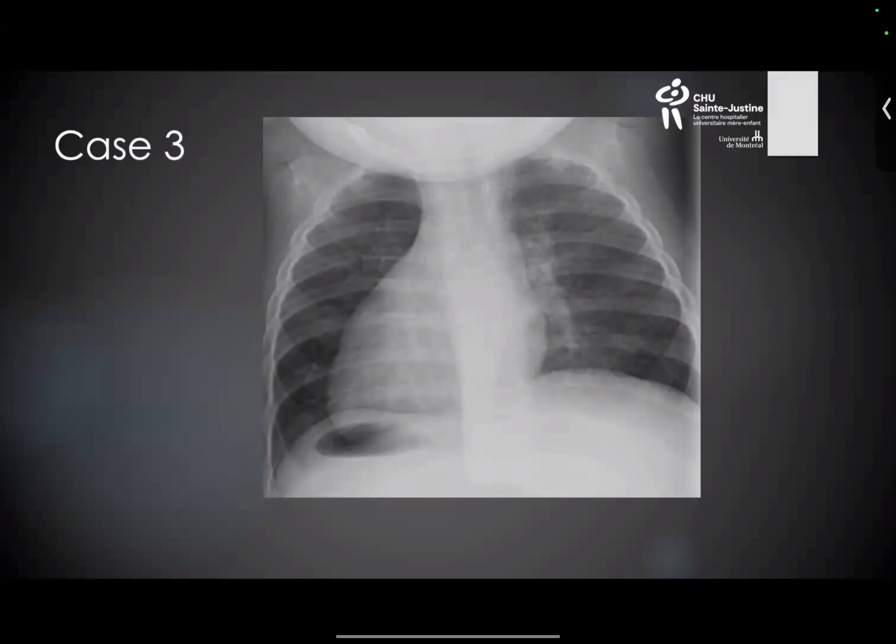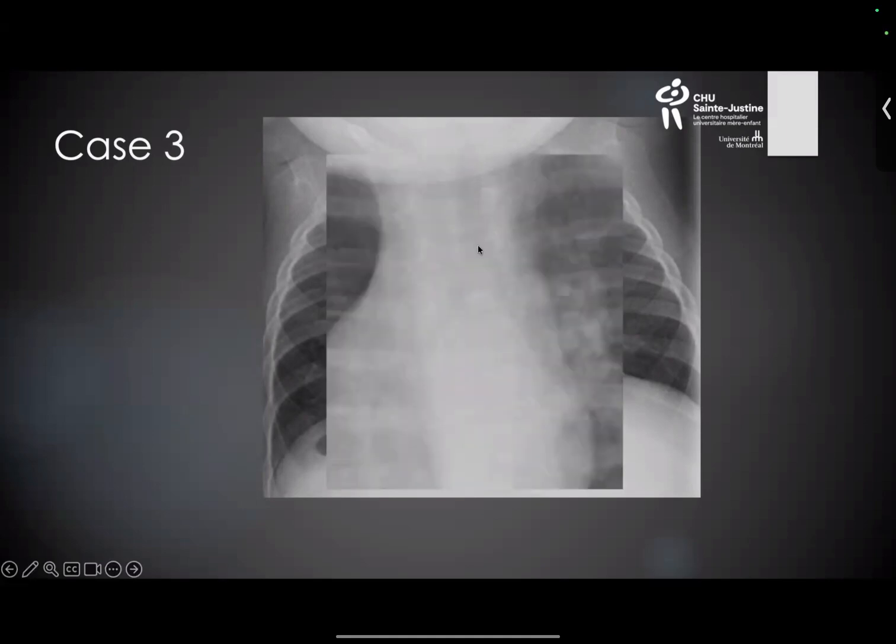So on that kid, the right was on the right and the left was on the left. So here you have a right stomach bubble. Here you have a heart whose apex is on the right. And then here, if you zoom, you see that the right pulmonary artery is on the left, and the left pulmonary artery is on the right. So it's a complete situs inversus.